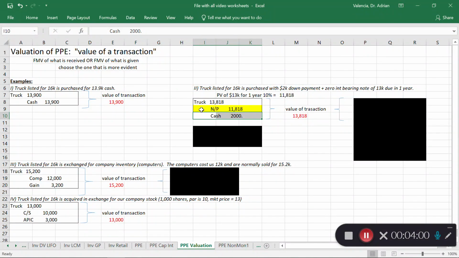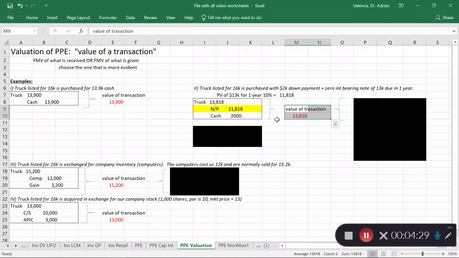And then here, a note worth $11,818. Even though it has a face amount of $13,000, it's worth $11,818. So in this scenario, we would say the value of the transaction of this exchange right here is $13,818. And this happens very often where we have several numbers that we need to think about in terms of determining what this exchange should be.